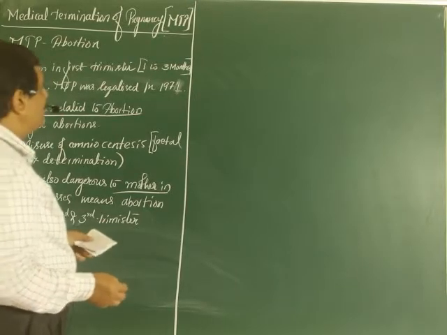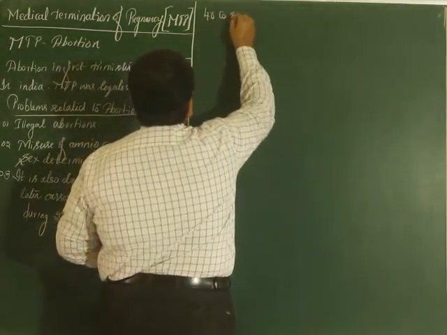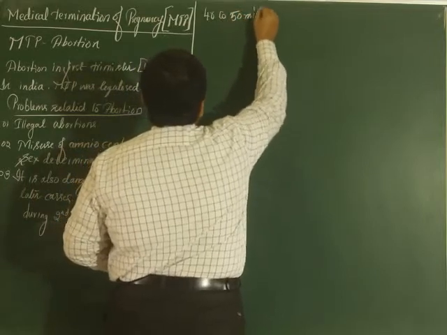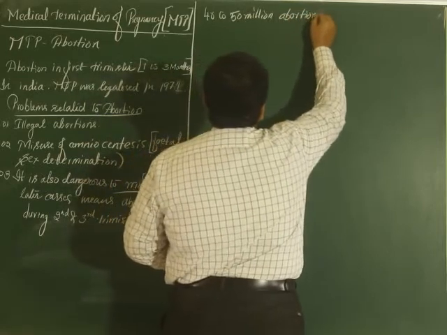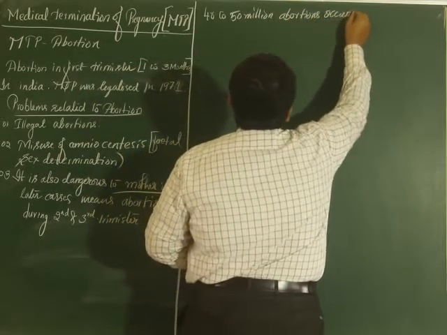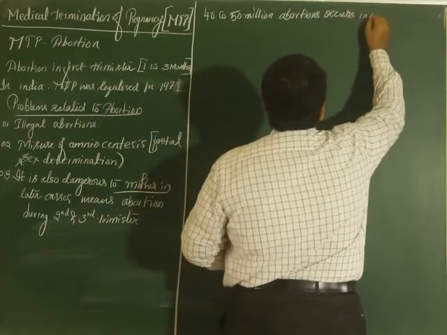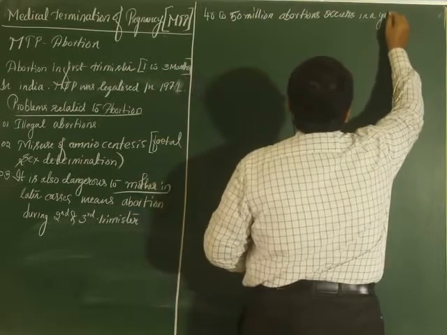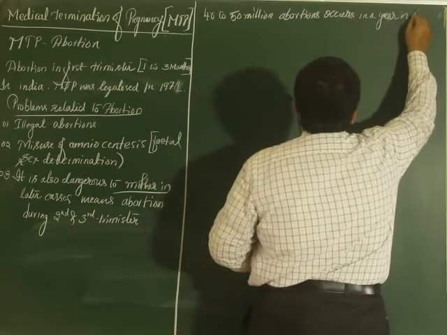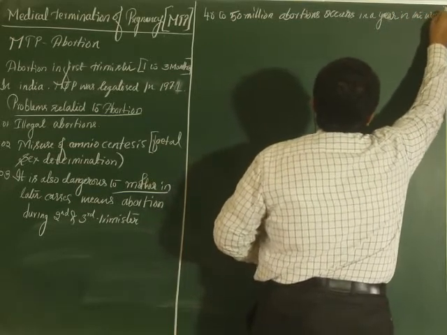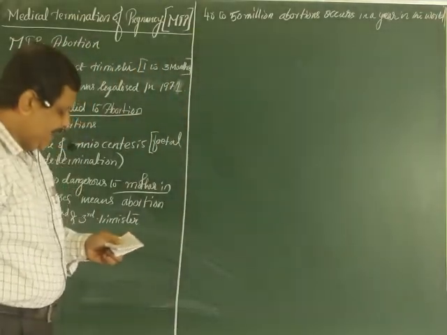First, I will tell you about the world. 40 to 50 million abortions occur in a year in the world.